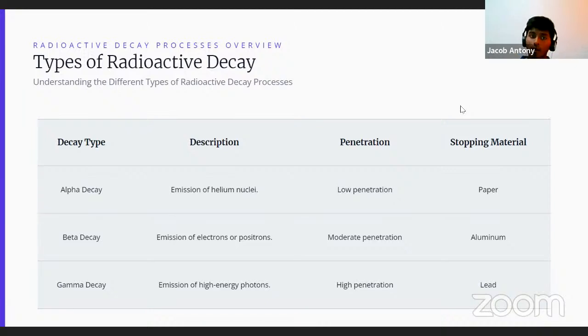If we wanted to stop gamma rays, we would need something very dense, such as lead and concrete, and we would need several layers of them. So basically, in radioactive decay, penetration tells us how deeply these types of radiation can go through materials. As a recap, alpha particles go the lowest and gamma rays go the highest.